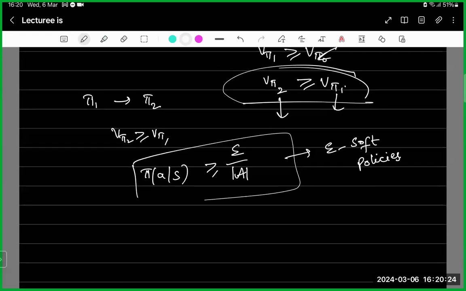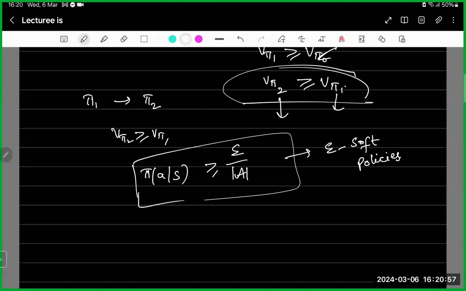If you do epsilon greedy improvement, the policy improvement theorem will still hold. The only thing is we'll converge to the optimal policy among epsilon soft policies. If the optimal policy is a deterministic policy, then we won't converge to that because we are only searching among epsilon soft policies. So we will be off from the optimal policy by this much.